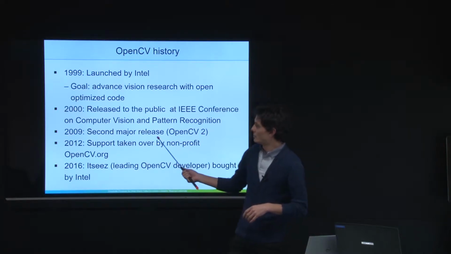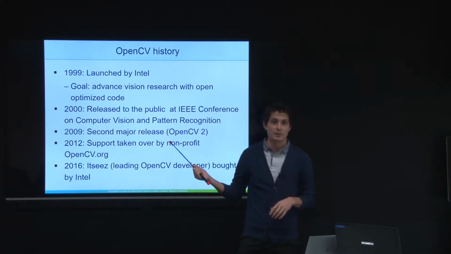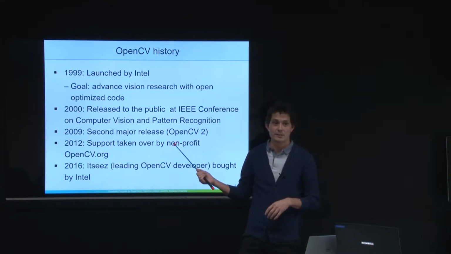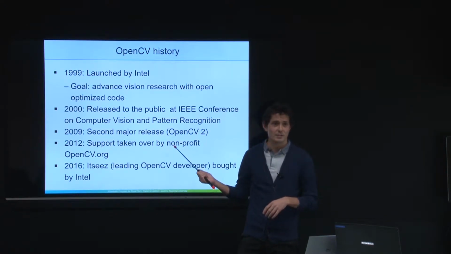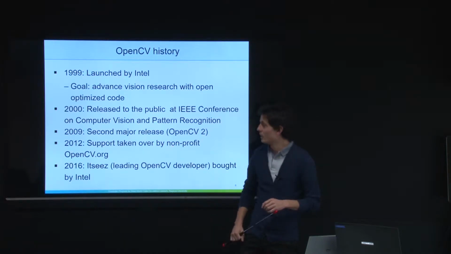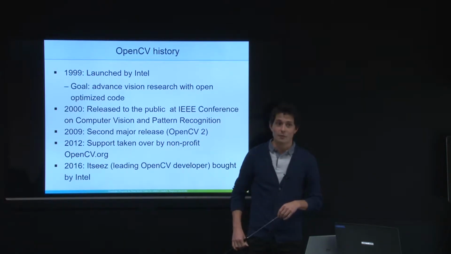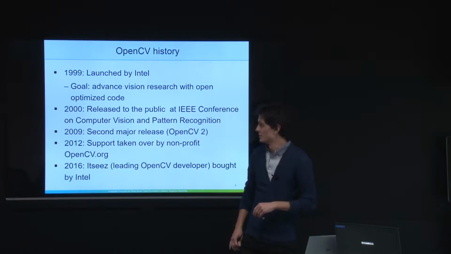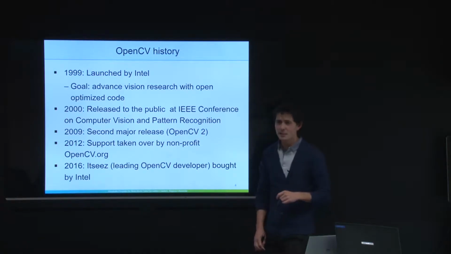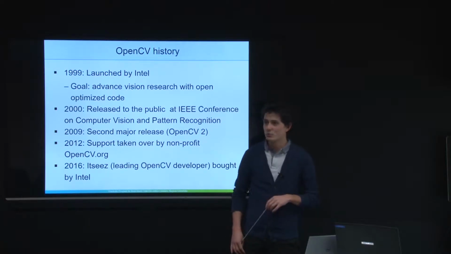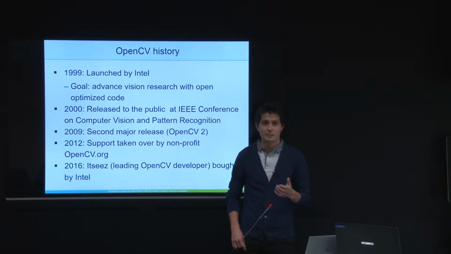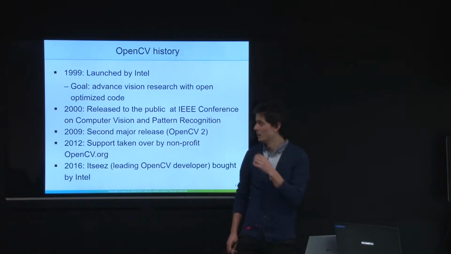OpenCV 2 coming along in 2009 was a really big step for OpenCV. I think OpenCV 2 is where the Python wrappers started becoming usable, and it really took off. It's always been open source, it's always been free, but the development was heavily done by Intel and a group of Russian developers as well.